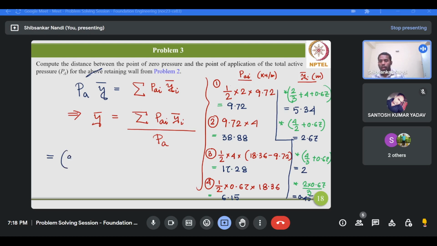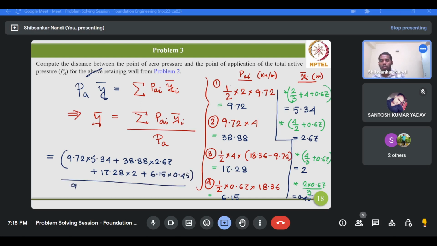Now you can substitute these values here. So 9.72 multiplied by 5.34 plus 38.88 multiplied by 2.67 plus 17.28 multiplied by 2 plus 6.15 multiplied by 0.45, divided by 9.72 plus 38.88 plus 17.28 plus 6.15.